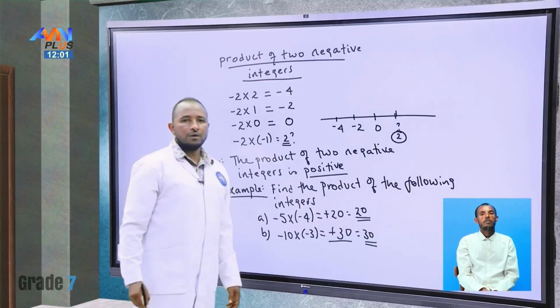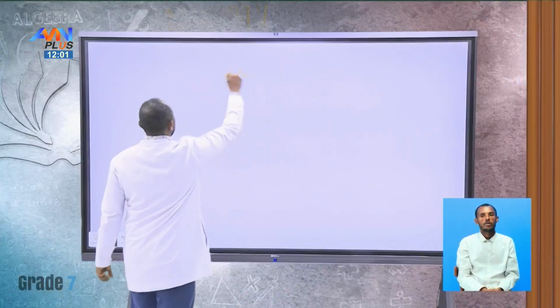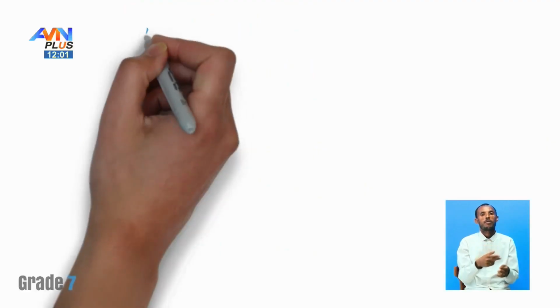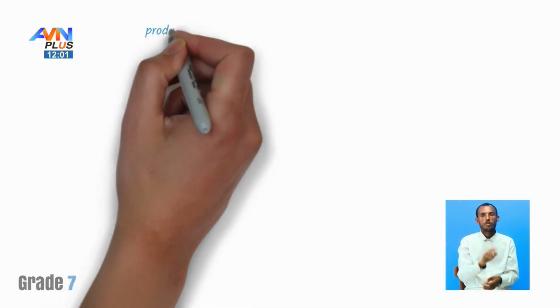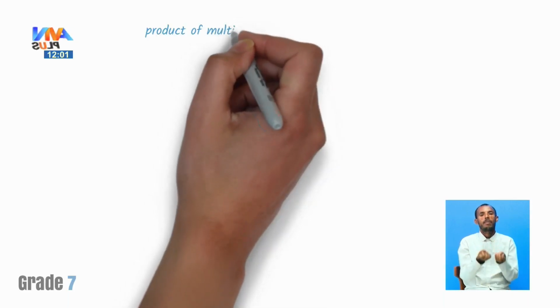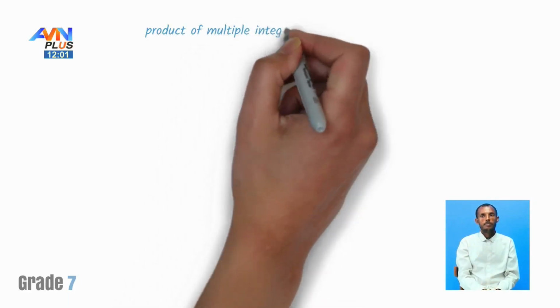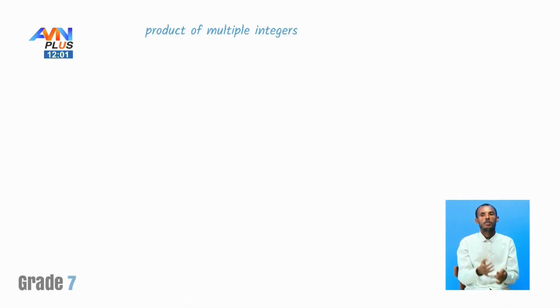That's it. Now, let's proceed to the other section. Product of multiple integers. Now, let's see this one through an example.